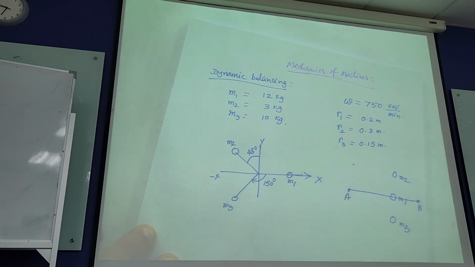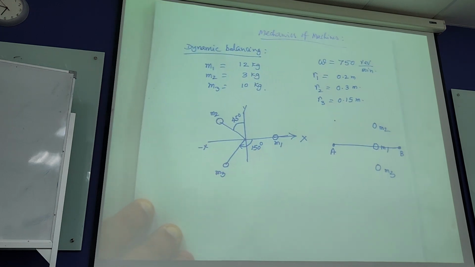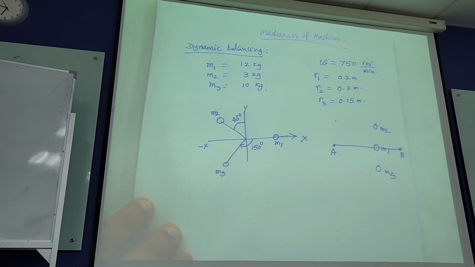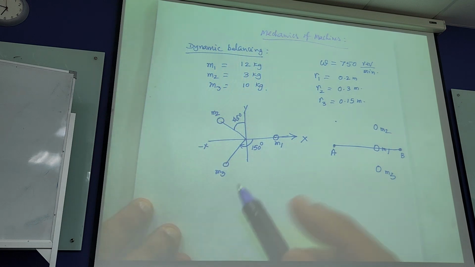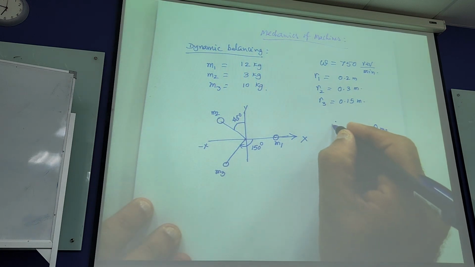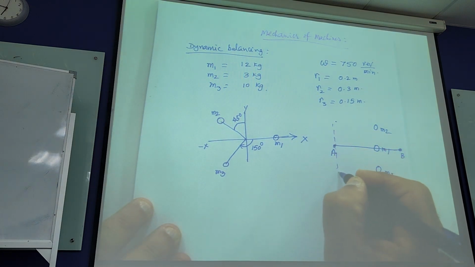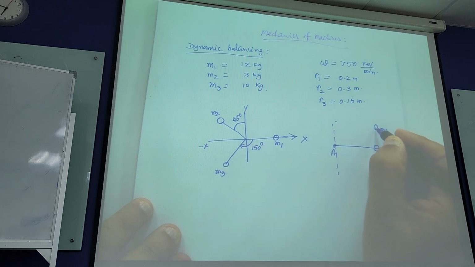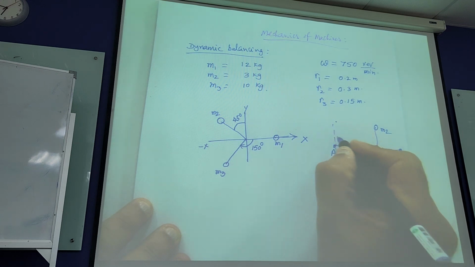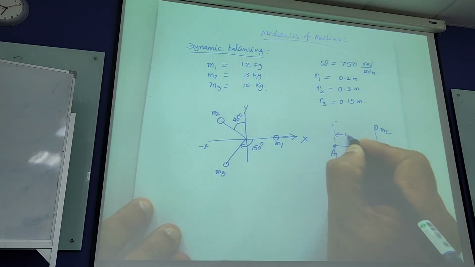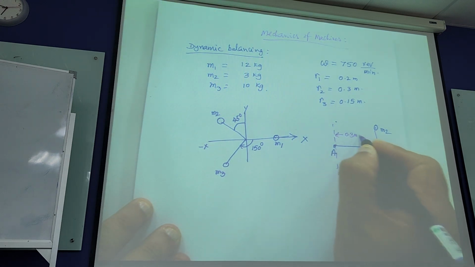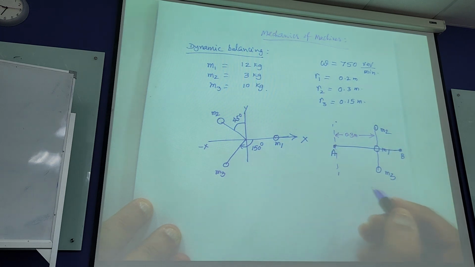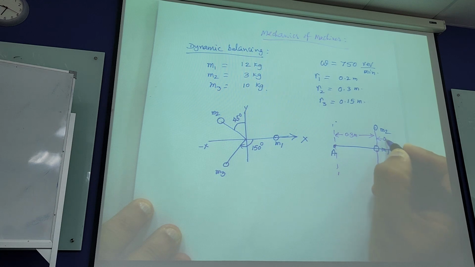Here we have the two correction planes A and B. Now the distance from A to M2, so this is 0.3 meters. And this is 0.2 meters.